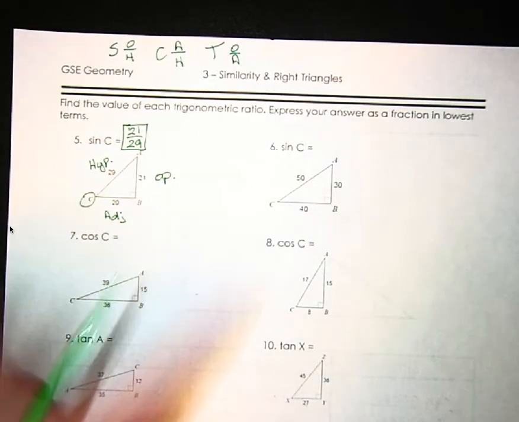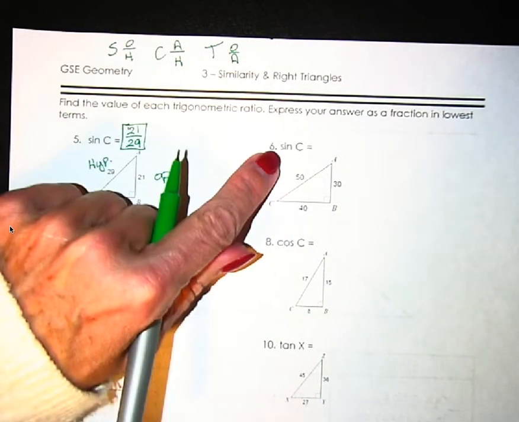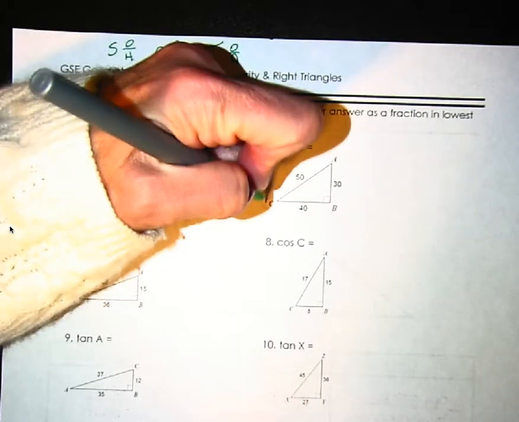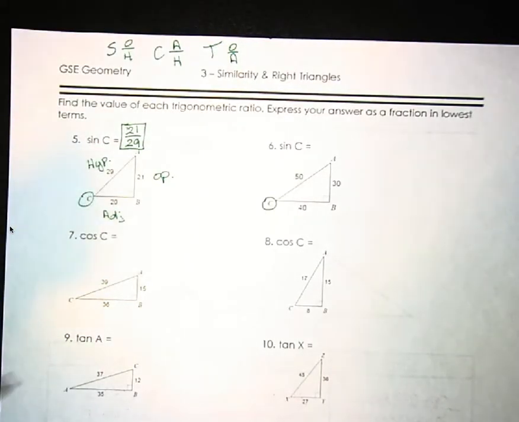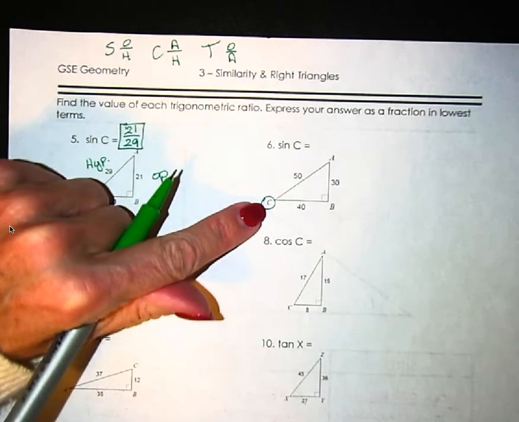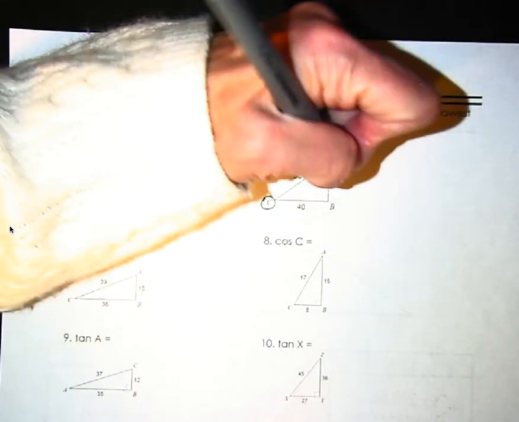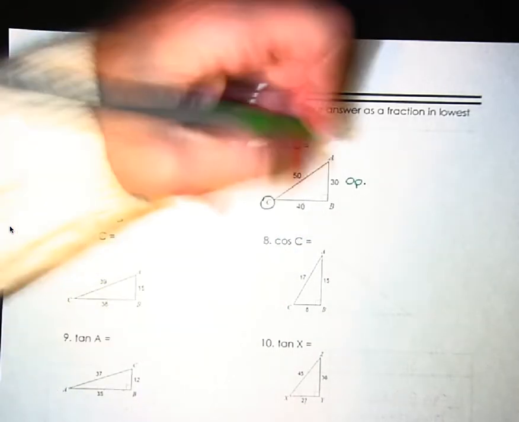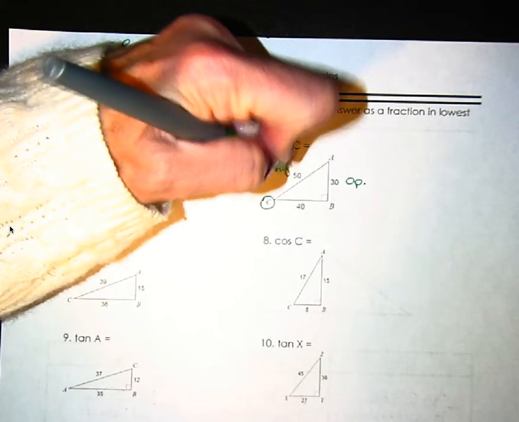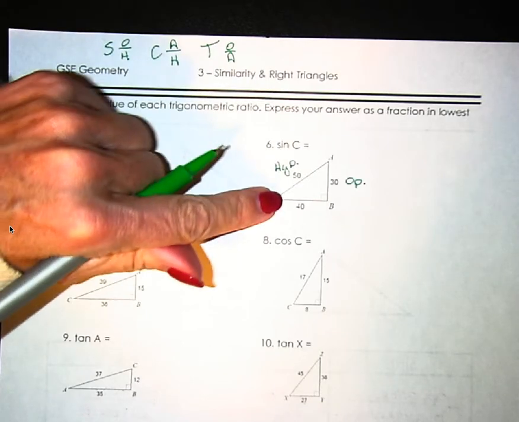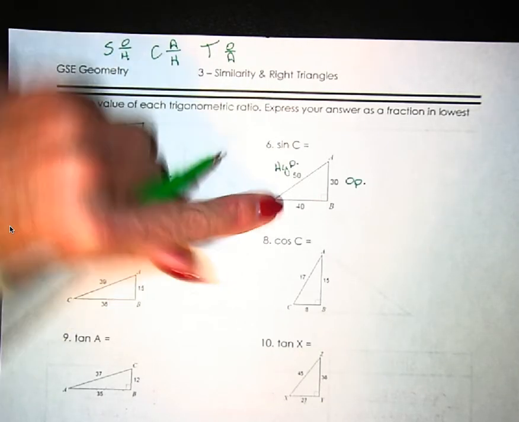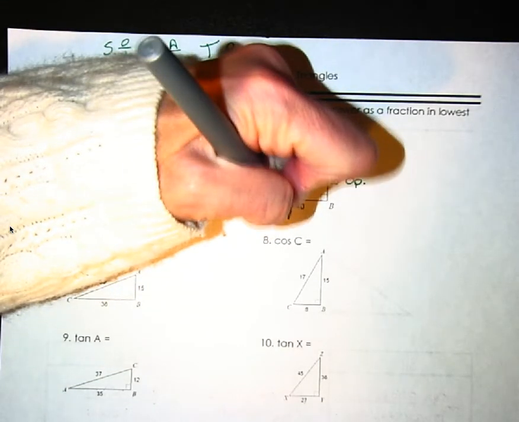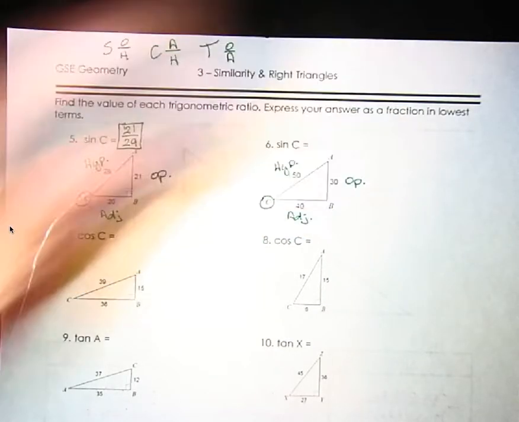All right, let's try another one. So on this one, we're going to find the sine of C as well. So I'm going to circle my reference angle because we're looking from C. I'm going to label my sides. Across is opposite. Across from the right angle is my hypotenuse. And then that leaves the only side left, which is adjacent to my angle, right there.